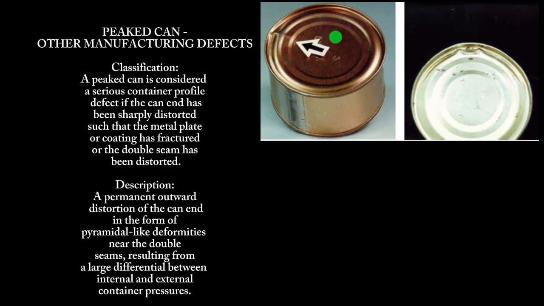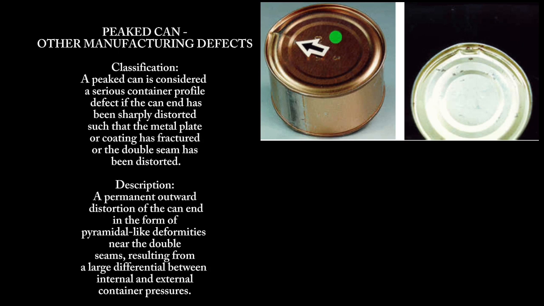Another one is the peaked can defect, under container profile defects or other manufacturing defects. A peaked can is a serious defect characterized by a permanent outward distortion of the can end, resembling a pyramidal shape near the double seams. This distortion results from a significant difference between the internal and external pressures of the container.